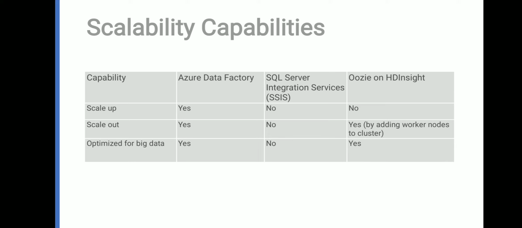Okay, so optimization for big data, what are the options? Do we have anything in SQL Server Integration Services? No. Generally, Integration Services was used for structured data. SQL Server Integration Services, I used it a lot. I'm talking about DTS. DTS was like 18, 17 years ago. I used DTS, and then I used SSIS.